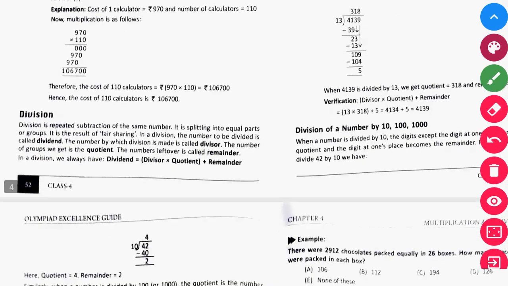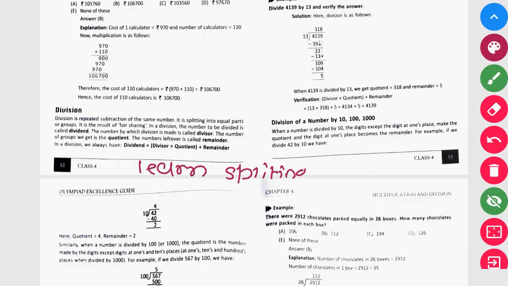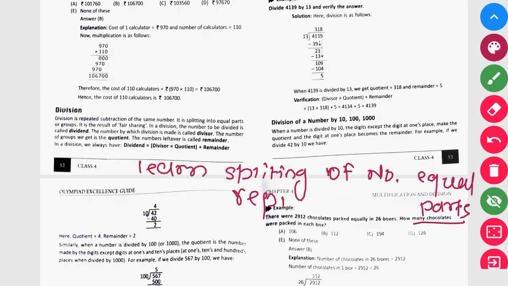Now the division. What is meant by division and how we are going to see the problems or properties of division, we just see here. Okay, what is meant by division? We just learn the definition: splitting of a number into equal parts is known as division, or repetitive subtraction is known as division of the same number.